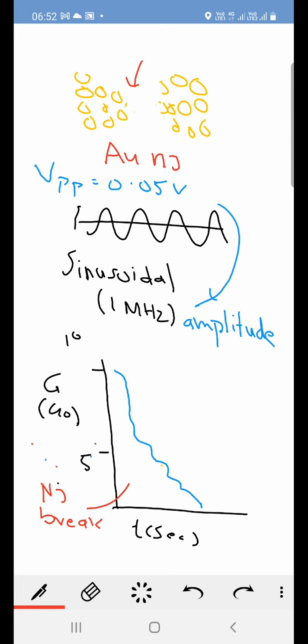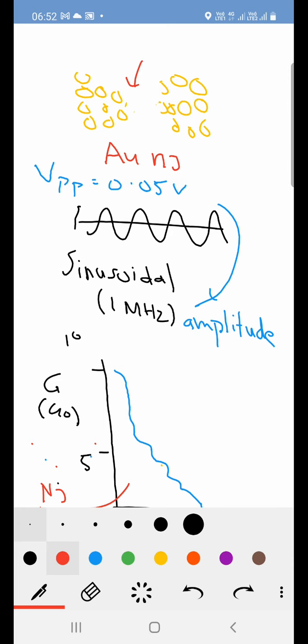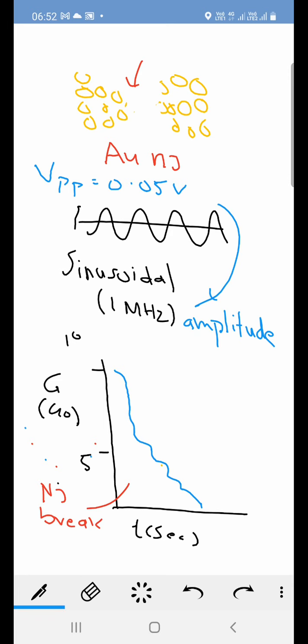At this point, the piezoelectric again retracts and connects with the junction. So suddenly there is a shoot up of the conductance to 10 times G0 value. So it will again shoot up. This is where the connection is again re-established, connection formed.